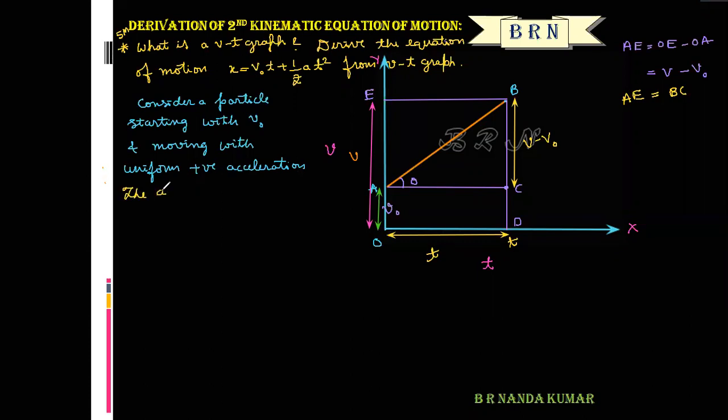So the area under VT graph represents the displacement. Slope of VT graph gives acceleration. Area under VT graph represents the displacement.